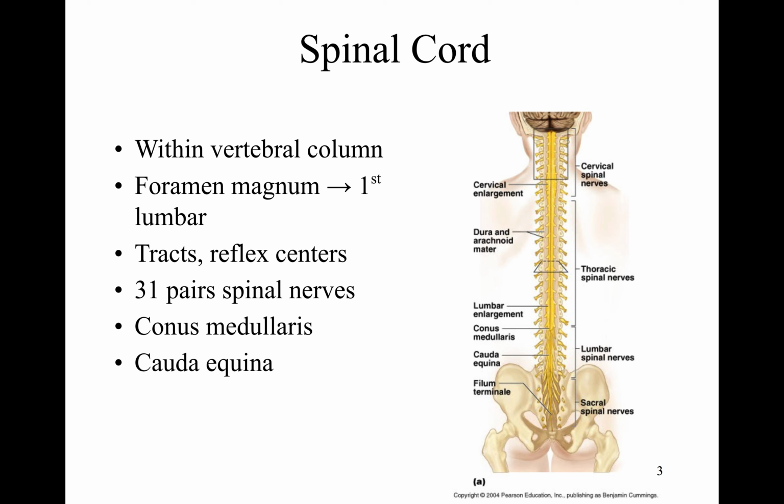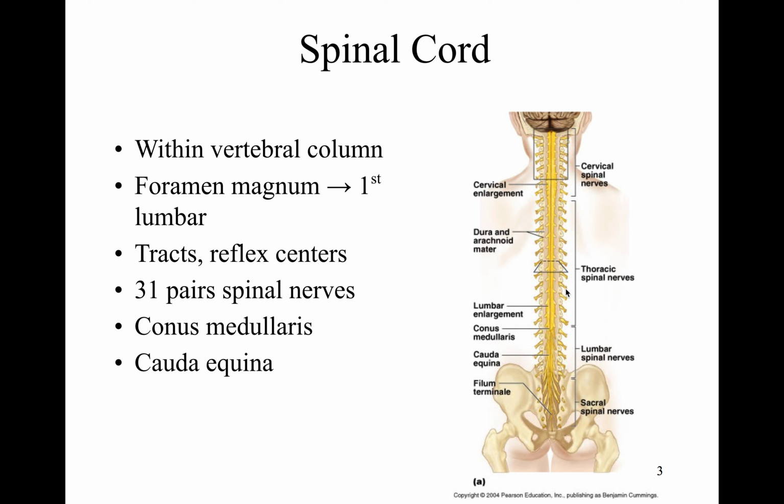Additionally, the spinal cord is the site of our reflex centers, so spinal reflexes occur in the spinal cord. The spinal cord connects to the peripheral nervous system via spinal nerves. As you look down the spinal cord, you're going to see 31 pairs of spinal nerves.